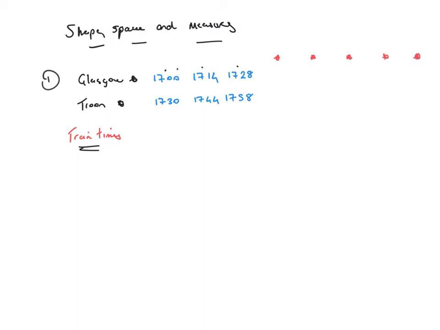Okay, so we can see that the train comes every 14 minutes. So 14 minutes after 5:28, 10 minutes on would be 5:38, and then another 4 minutes would be 5:42. Then the next one will be 14 minutes after that.